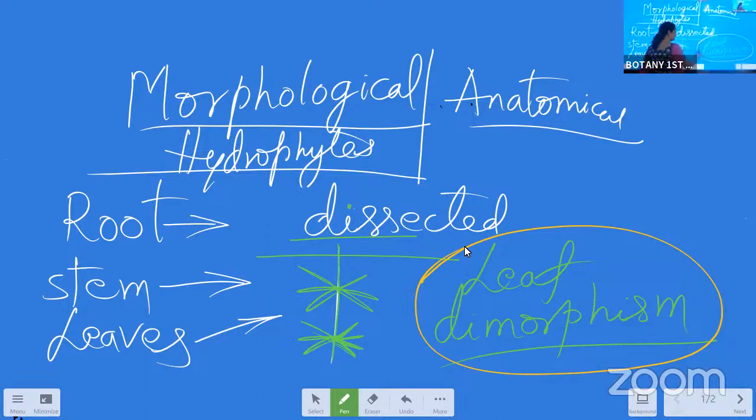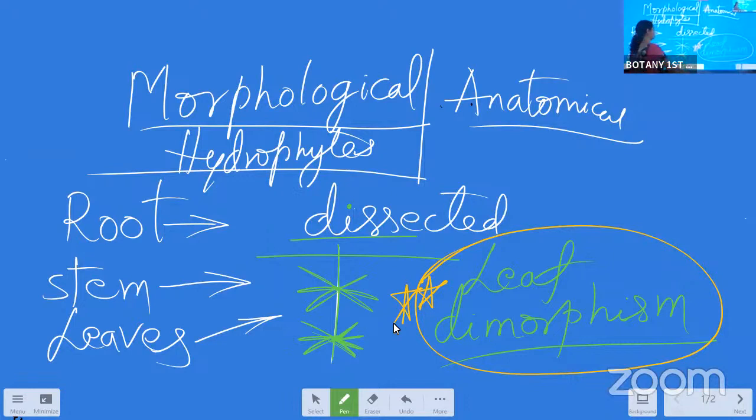The word is mandatory in the morphological adaptations only, don't use it in the anatomical adaptations. Anatomical adaptations means the internal organization of the plant body. There, how it looks externally does not matter. What matters is how it is made internally, the arrangement of tissues, which types of tissues are there.